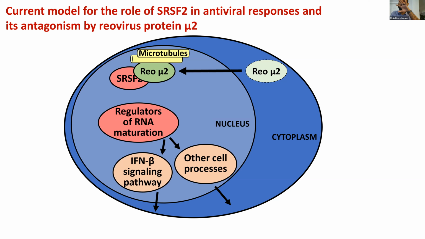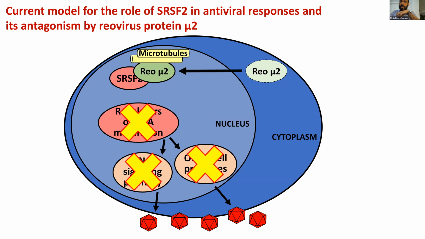Everything that SRSF2 was normally doing in our cells is abolished, and that results in an environment that is more suitable for viral replication. So now the virus can replicate better, thus leading to cardiac damage. If a different strain cannot do this, this pathway is fully functional and it limits its replication.